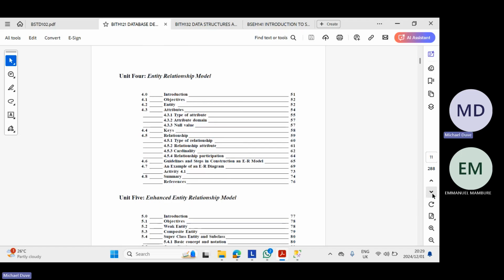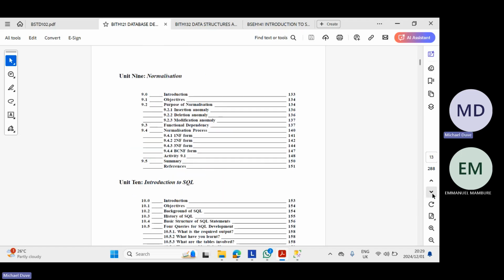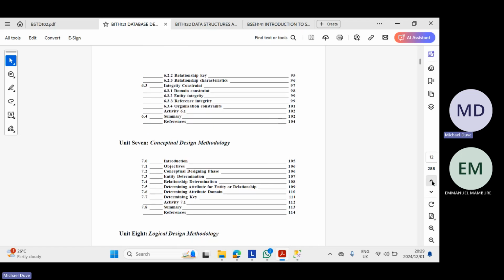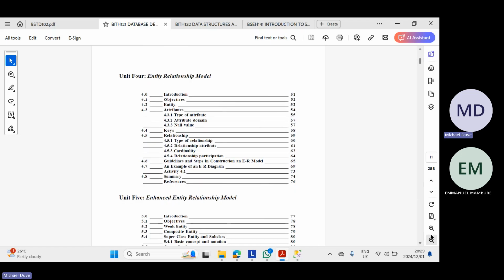Then database life cycle, then the entity relationship diagram, the ERD, right? Then you also need to look into the enhanced entity relationship diagram. That is the class diagrams. So it actually touches on everything there, right? Right.